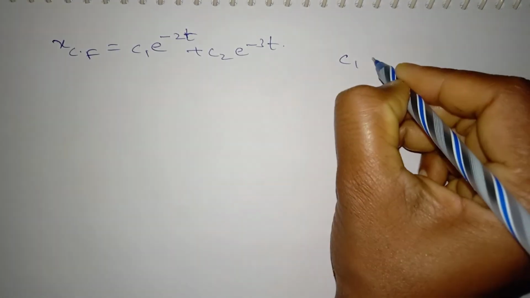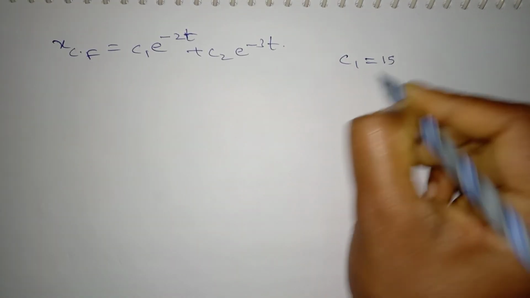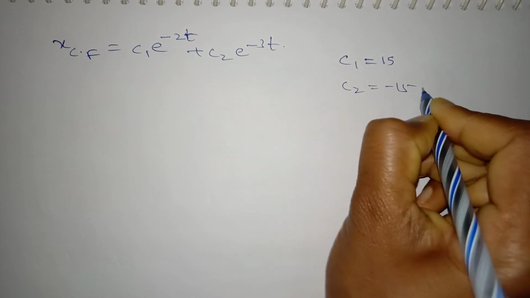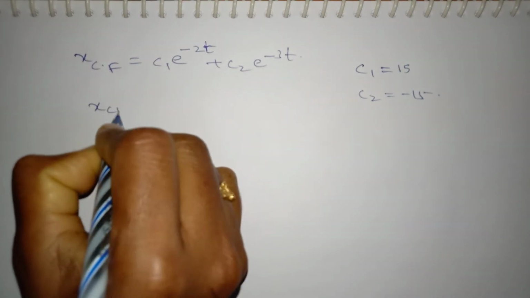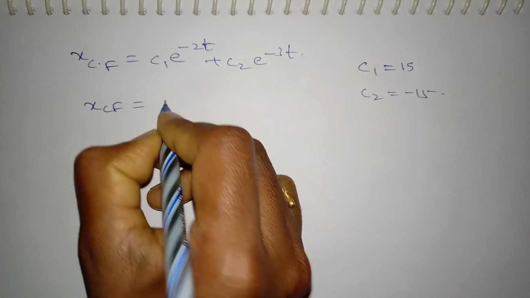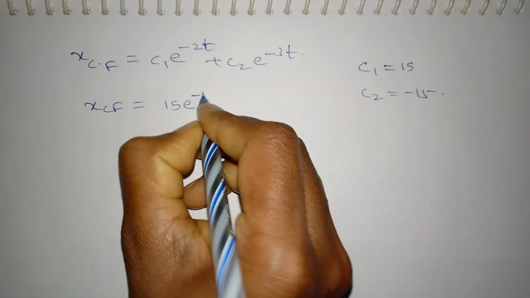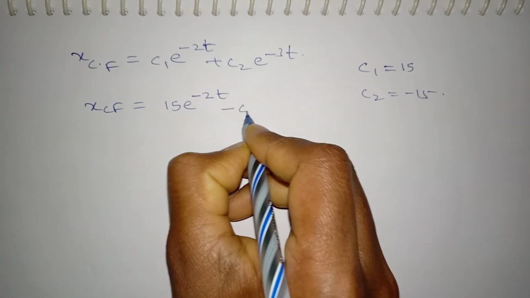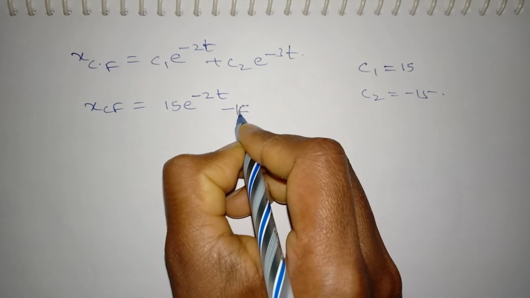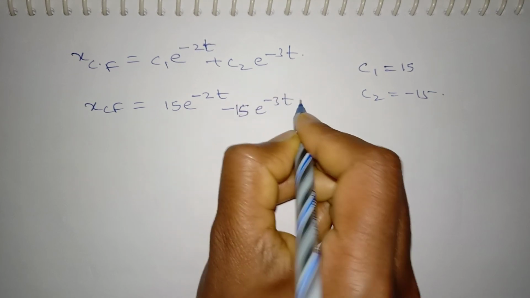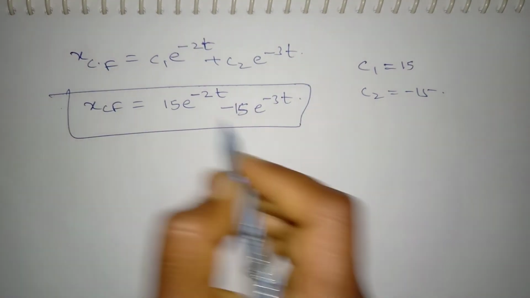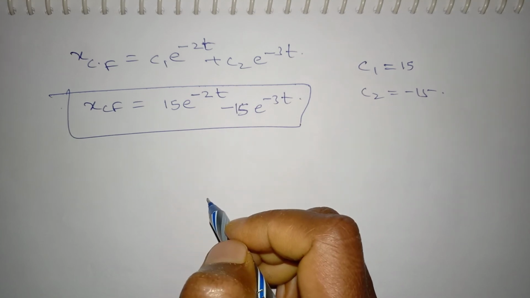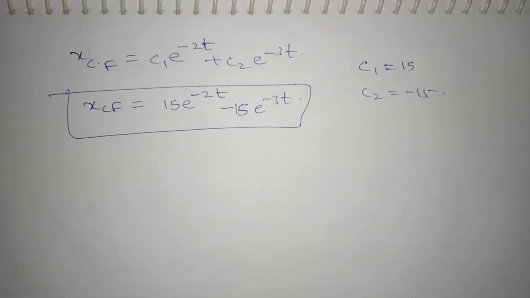Actually this is a complementary function. Now substitute c1 as 15 and c2 as minus 15 in this equation. The complementary function is 15 e power minus 2t minus 15 e power minus 3t. This is the general solution for the given homogeneous differential equation.